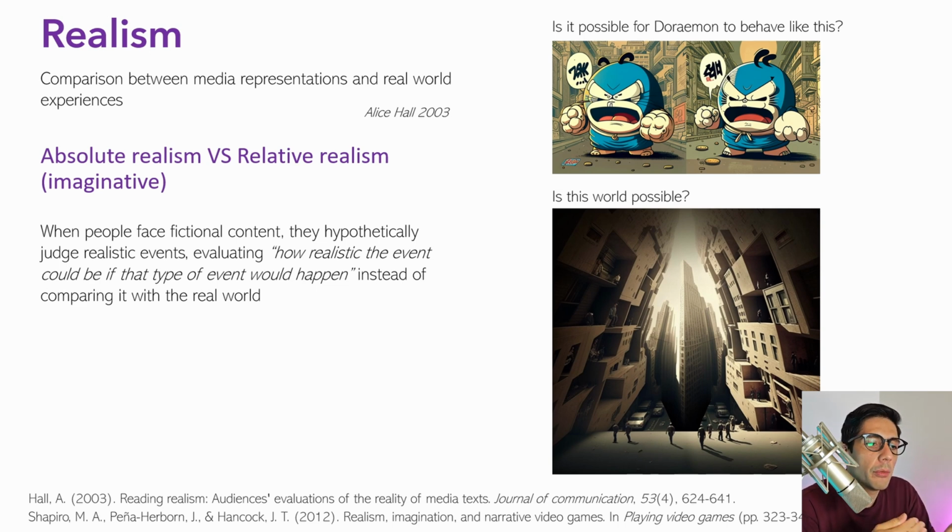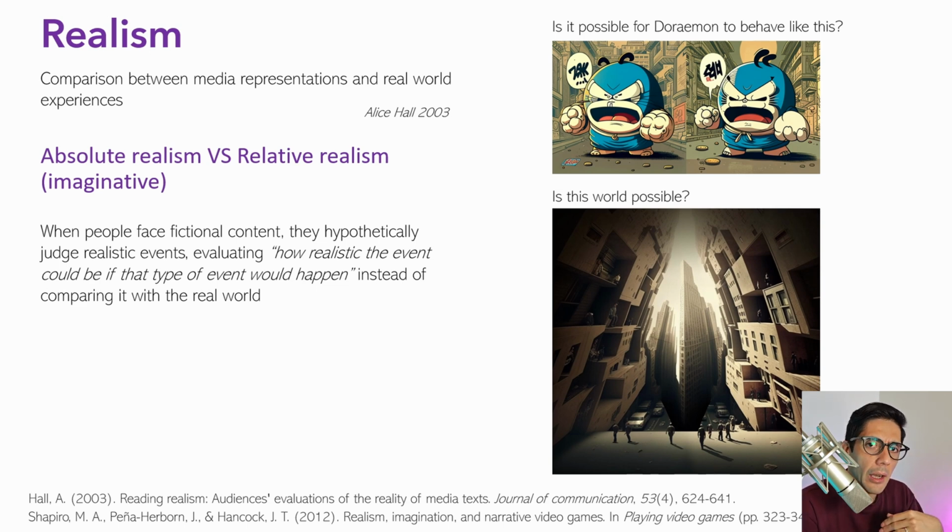So in general, I put these two images on the slide and I ask, okay, is it possible for Doraemon to behave like this, right? These are AI generated images. If you have seen the Doraemon series, or even read the manga, and you know how Doraemon behaves, then you will say, oh, this is not how Doraemon behaves.